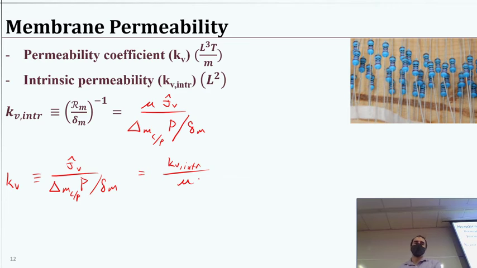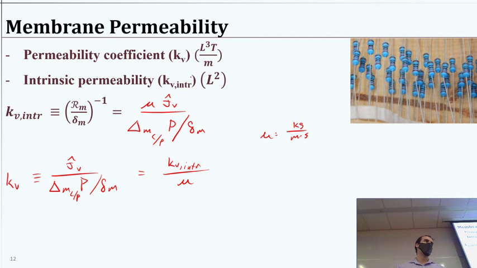If we look at the units for mu, it's kilograms per meter per second. So when we go from this permeability coefficient up here and divide that by mu, we end up with length squared.